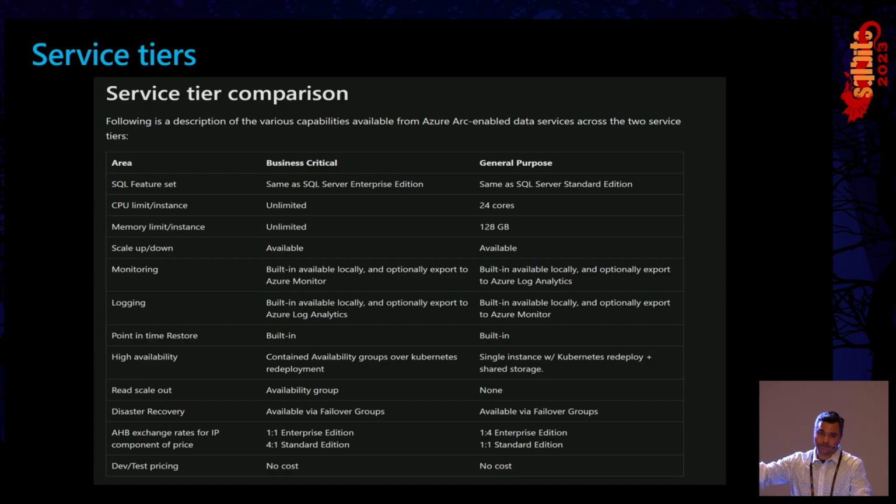The business critical is equivalent to the enterprise edition. There's no limits, right? A couple of other things I'll point out here. For example, high availability. I'll actually go into that in detail, but there are differences in how you get high availability, read scale out. What else? I think those are the primary differences there.